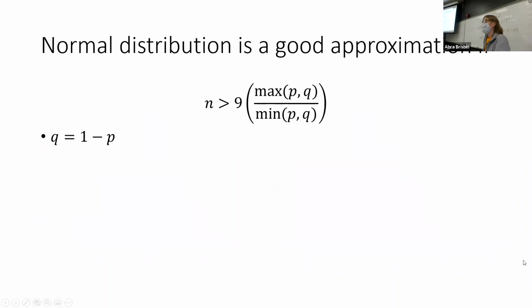So a good guideline is that the normal approximation is going to be a good approximation if our sample size n is greater than 9 times the ratio of p and 1 minus p, p and q, where you put whichever one of those is larger in the numerator of that ratio and whichever one is smaller in the denominator.